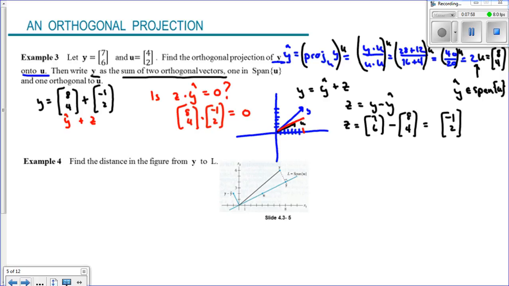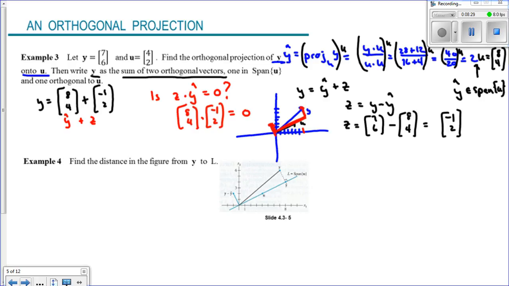Okay, so we projected y onto this vector, and then the other vector, the what was it, -1, 2, should just be this vector moved to the origin. -1, 2 would be right here. So here's our two vectors. Here's the y hat, here's the z, and you see that the sum of those two vectors does equal the vector y.